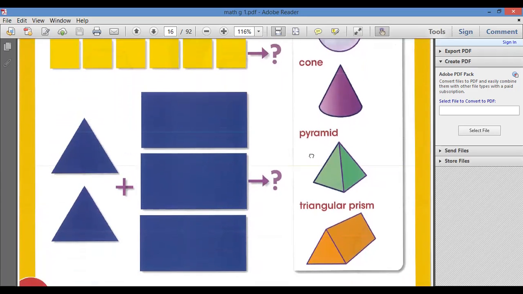Okay. After that, we have triangular prism.